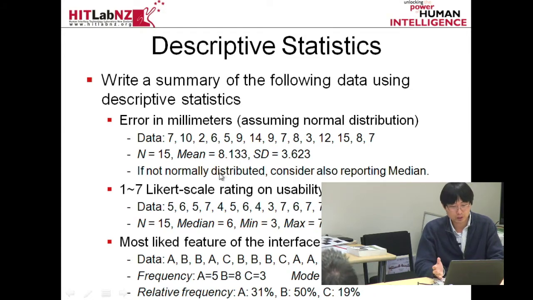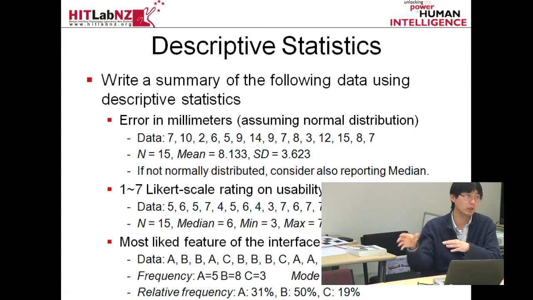If it's not normally distributed, then you might consider reporting more information, such as which way it is skewed, or a simpler way is to just report the median. If the median is closer to the mean, then it means it's pretty much symmetric. But if the mean is towards one direction, then you can easily tell which way it's skewed. And the second example was the Likert scale, which is a rating between 1 and 7.